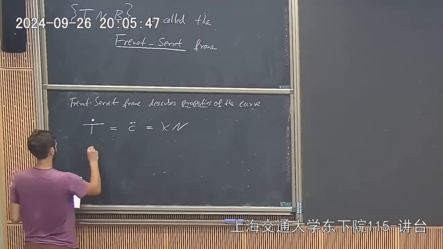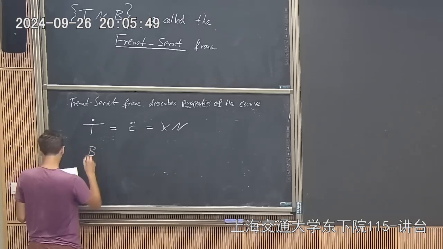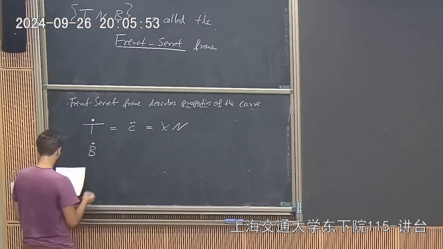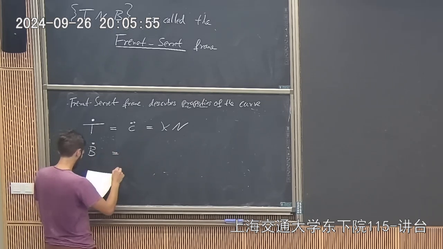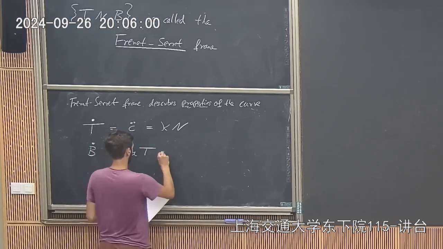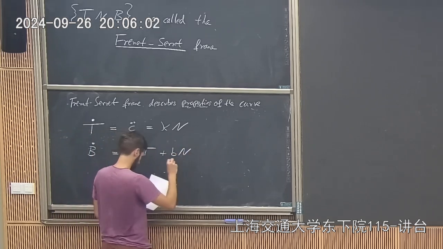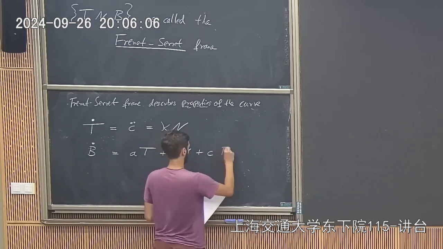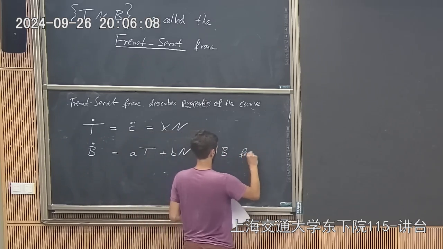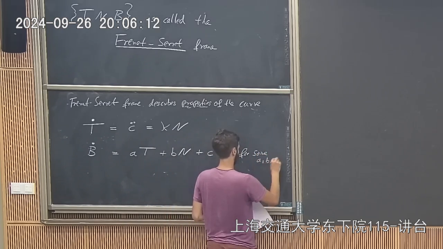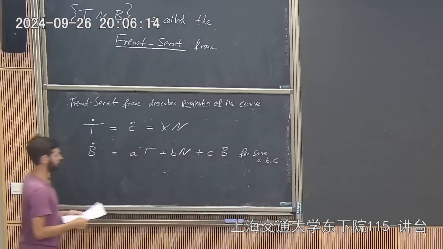Maybe now we start with the second one, which would be B prime, the time derivative. And because it's a frame, we can write this as some linear combination with some constants.